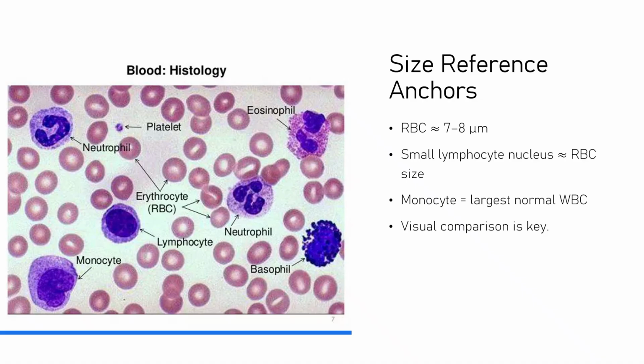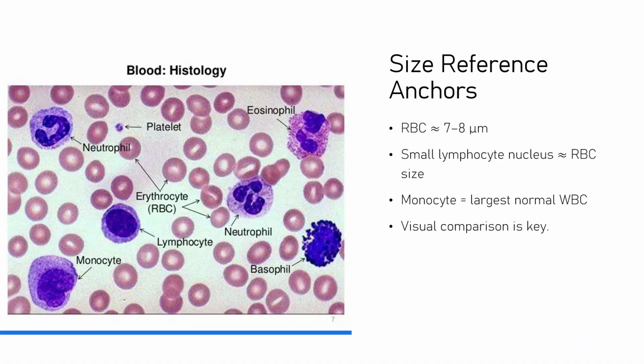So when you're looking at leukocytes under the microscope, you should always be mentally comparing them to nearby RBCs. For example, if you see a leukocyte with a nucleus that is roughly the same size as a red blood cell, you're probably looking at a small lymphocyte. That's one of the classic visual anchors students learn early in hematology.